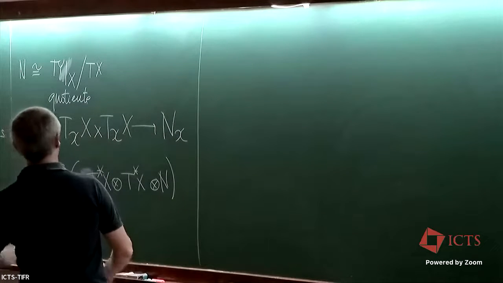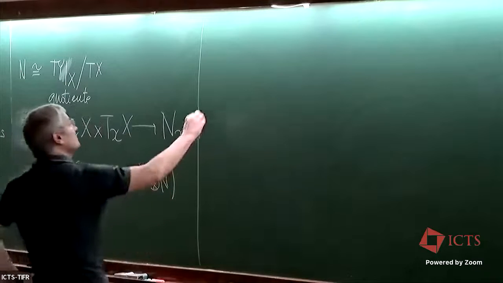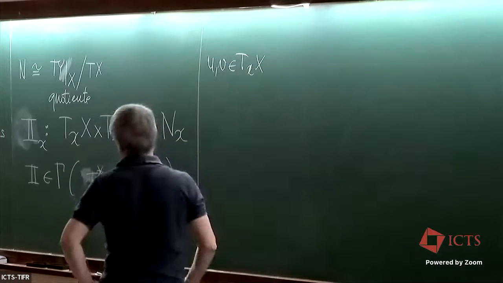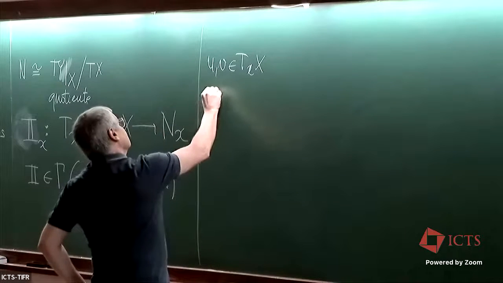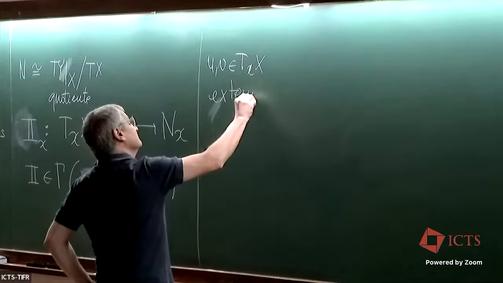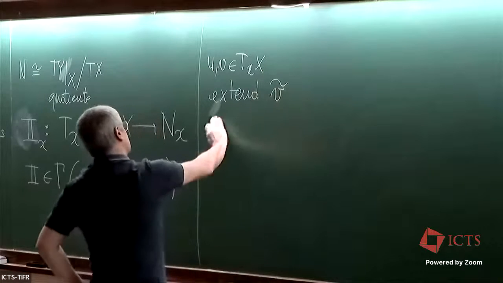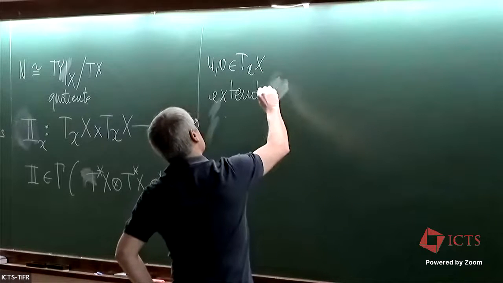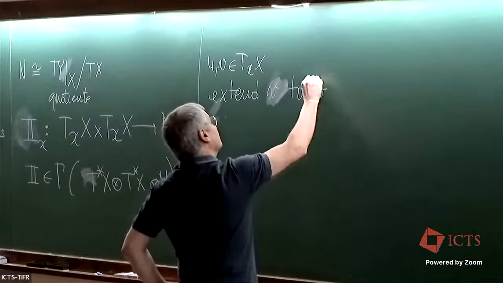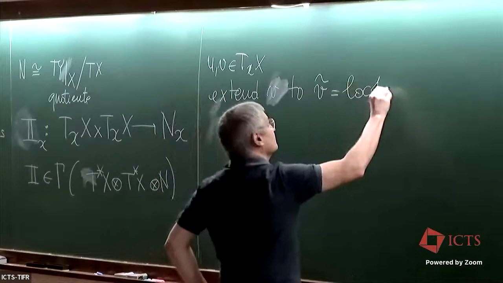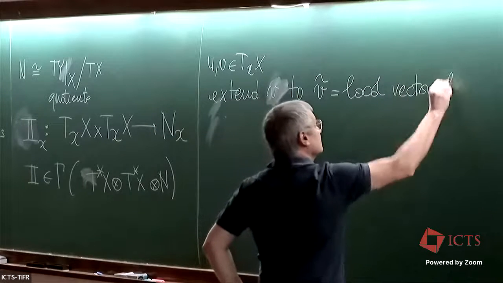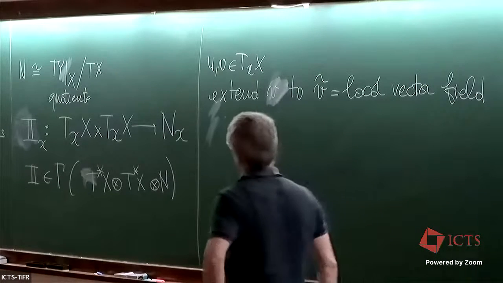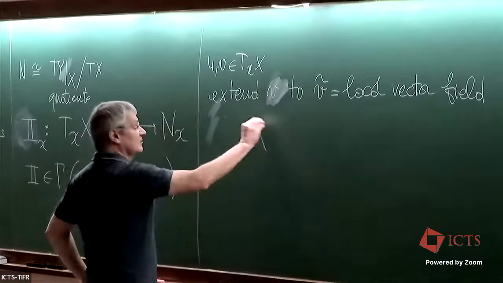And it is defined in this way. If U and V are two tangent vectors to the submanifold, first of all, we extend V to a local vector field on X, and then we can compute this derivative.